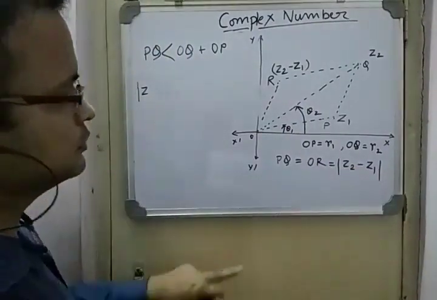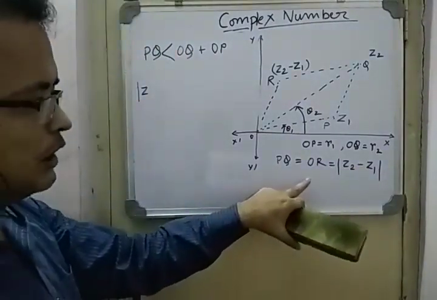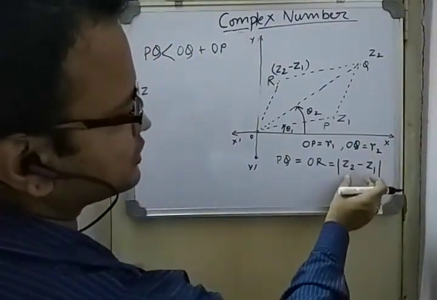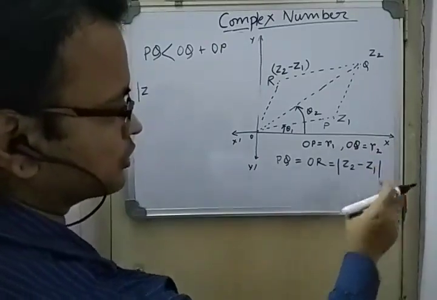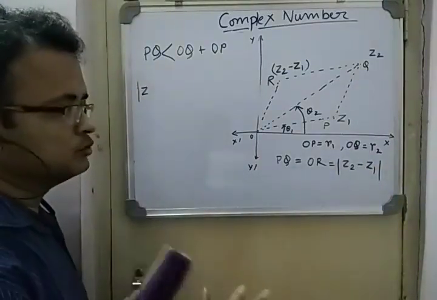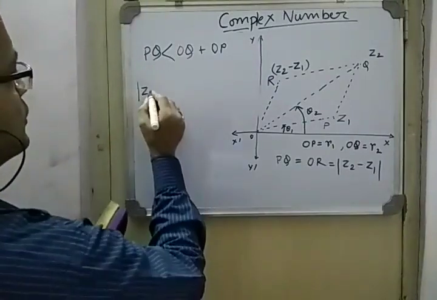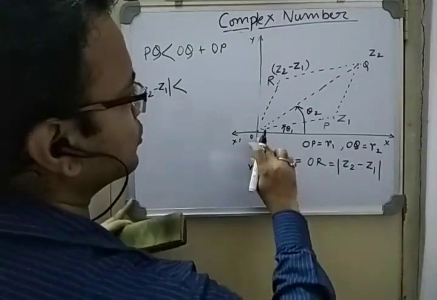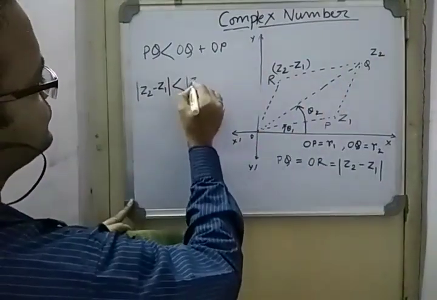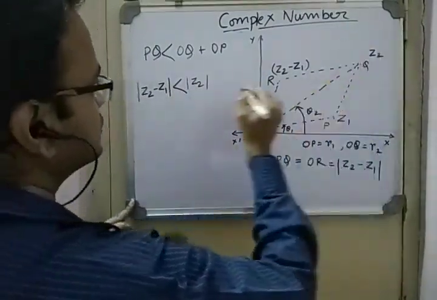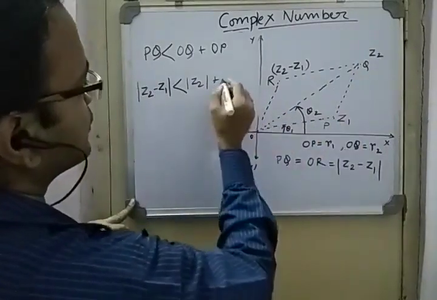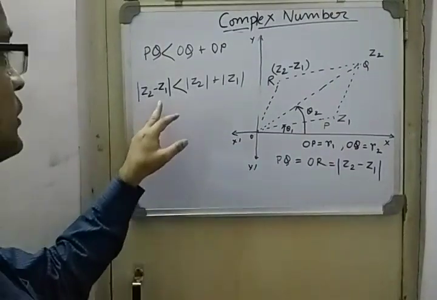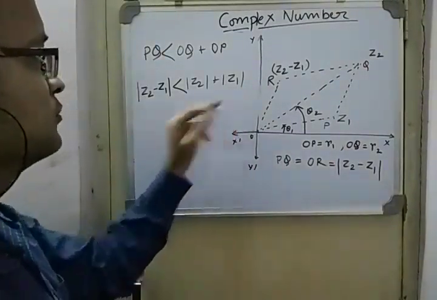When you are going to calculate any length, you have to put it as mod, because Z2 minus Z1 is a complex number, that is not a length. If you take mod, then only you will reach a length. So mod of Z2 minus Z1 is less than OQ. Similarly, OQ is mod of Z2, because its coordinate is Z2, plus this, mod of Z1. So mod of Z2 minus Z1 is less than mod of Z2 plus mod of Z1.